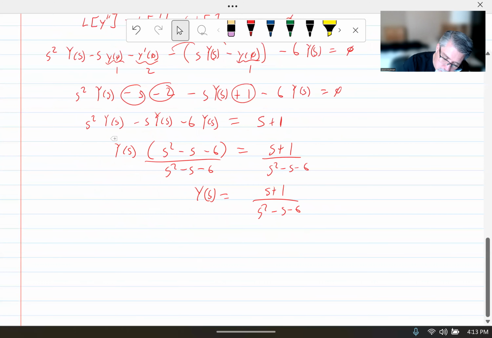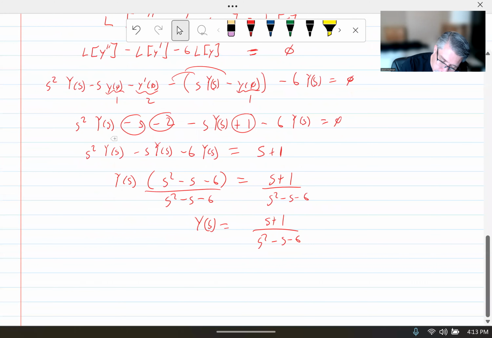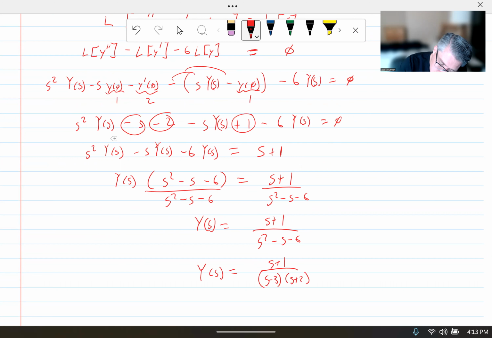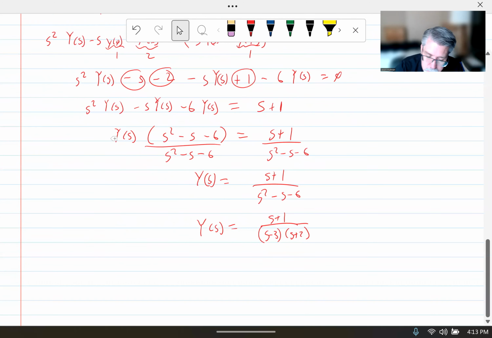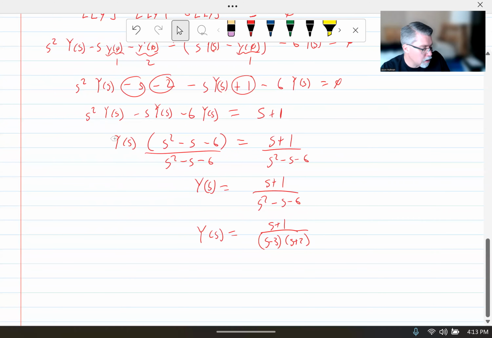And that denominator is factorable. So y of S is equal to S plus 1 over S minus 3 times S plus 2. I'm going to do some partial fractions and then do my inverse Laplace transform.